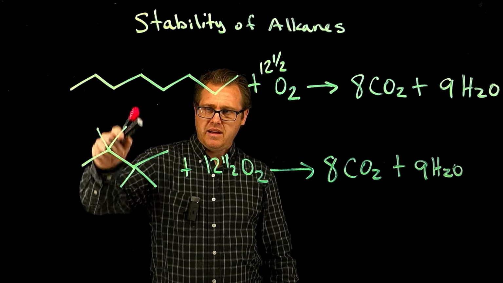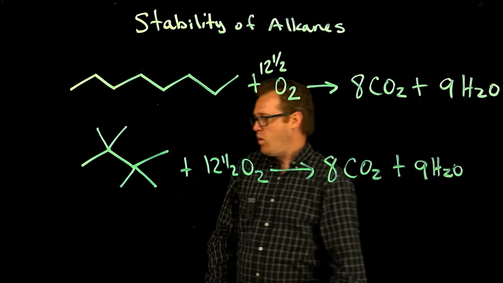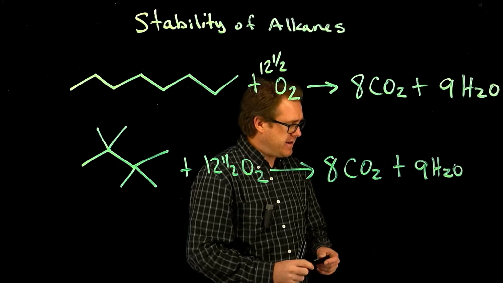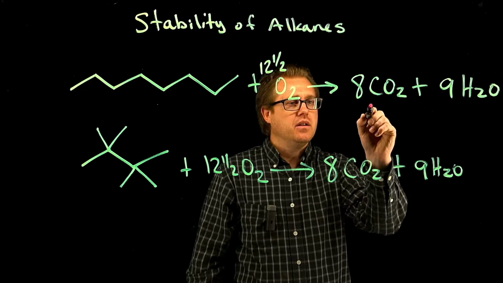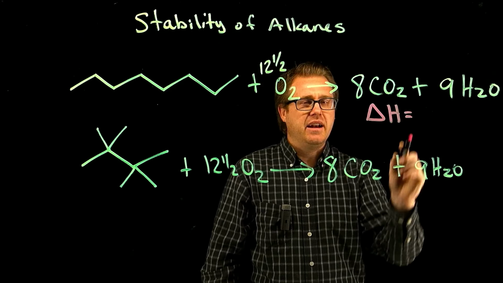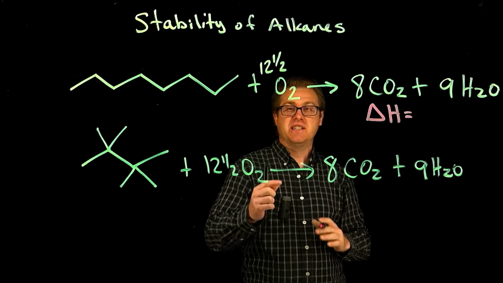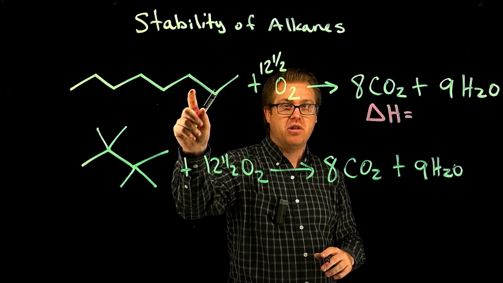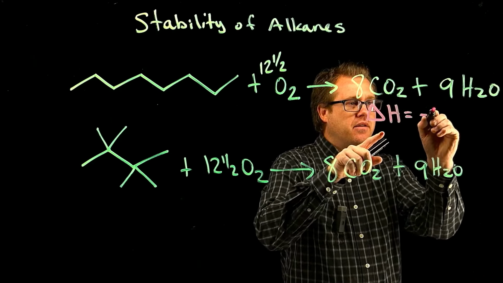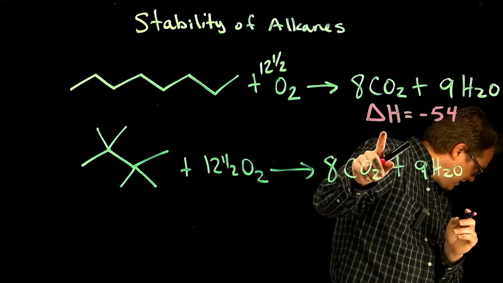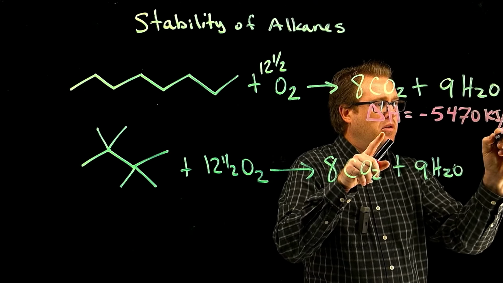So both of these give the same amount of carbon dioxide and water. But look at this difference right here. The heat of the reaction. How much heat or how much energy is given off when you take this molecule and burn it with oxygen? You get a number of 5,470 kilojoules per mole.